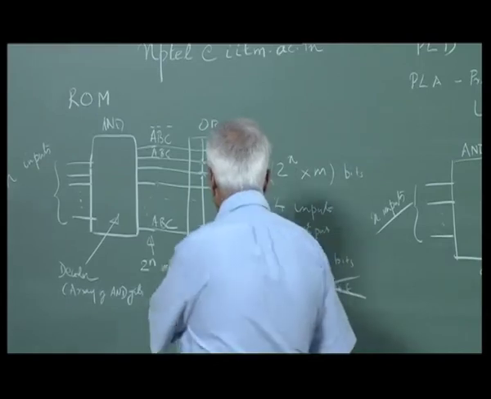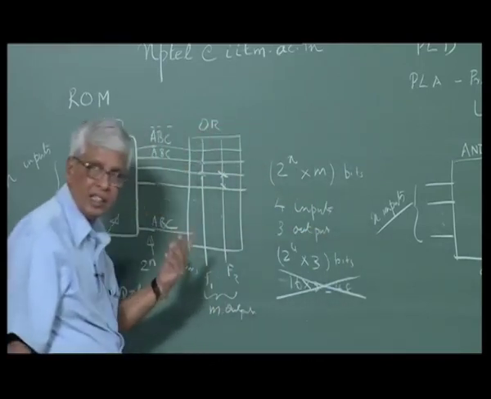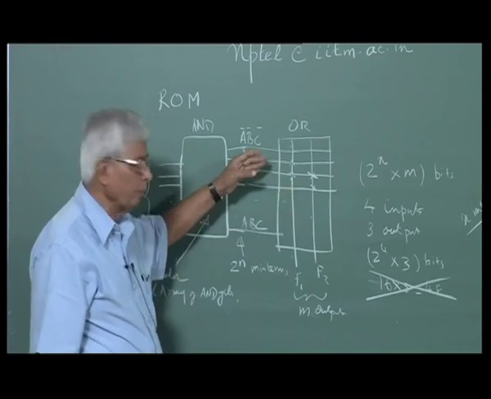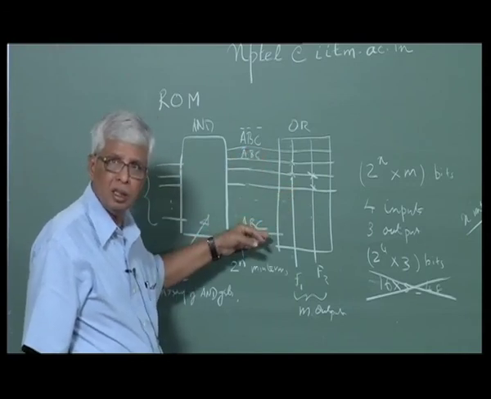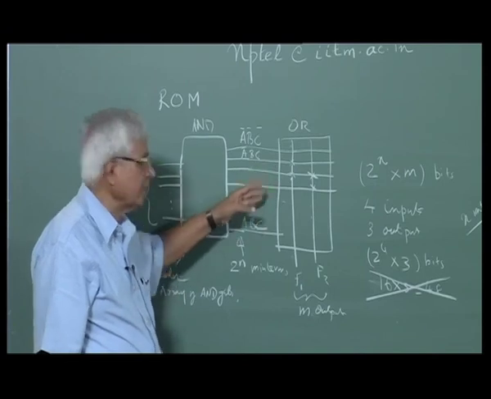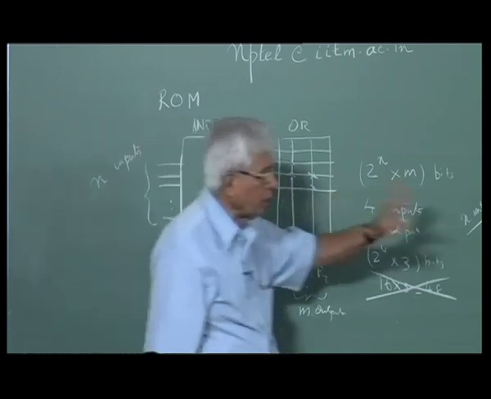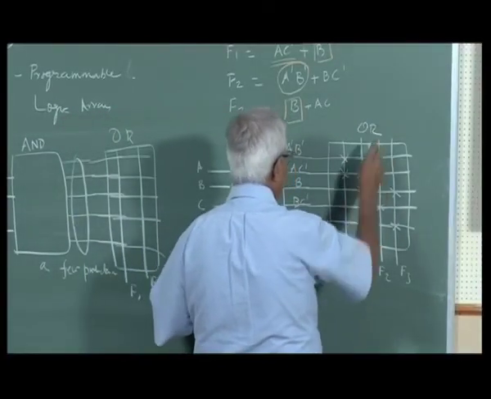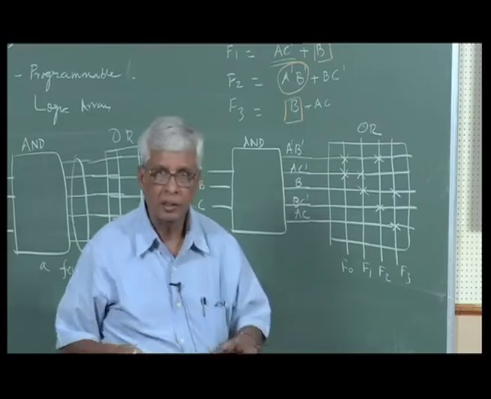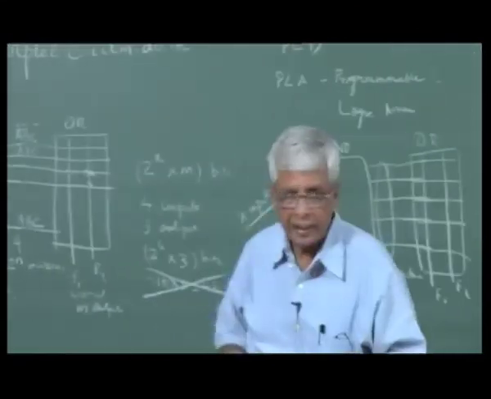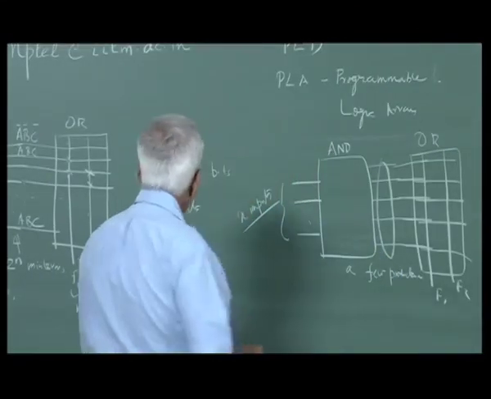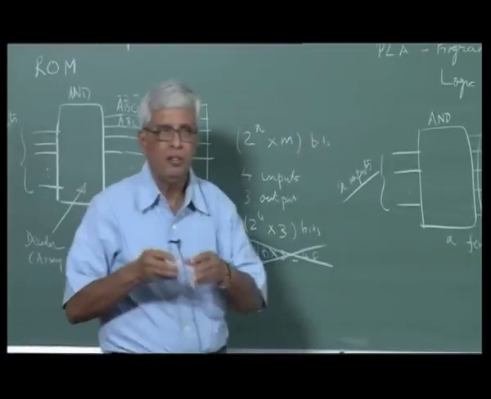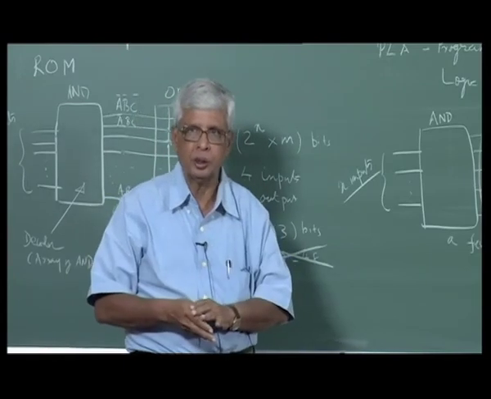I will have as many output lines as required, and the OR gate will have inputs from these product terms as required. That part is similar here. The OR array is similar. In the AND array, instead of producing all the minterms possible and not connecting all of them, very few of them will be used in each of the outputs.